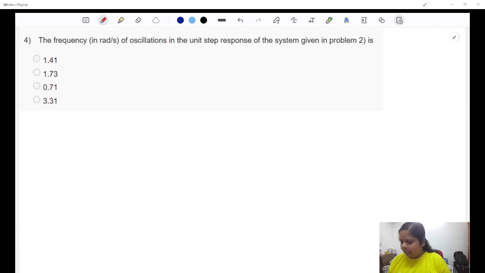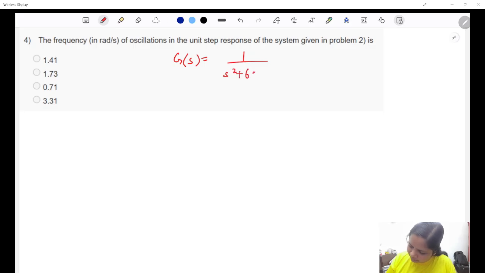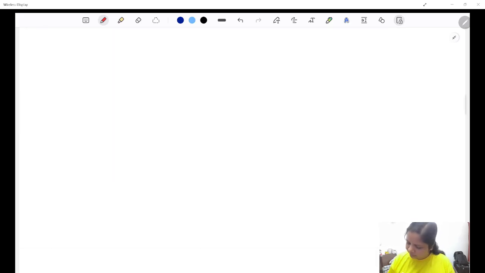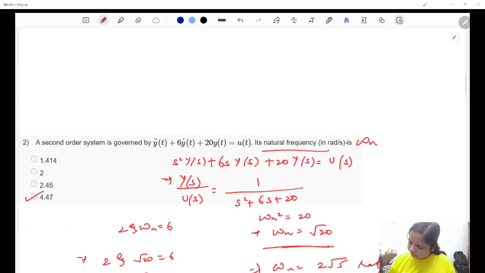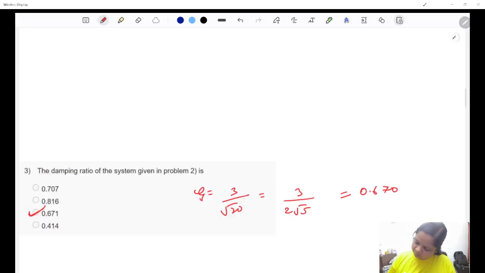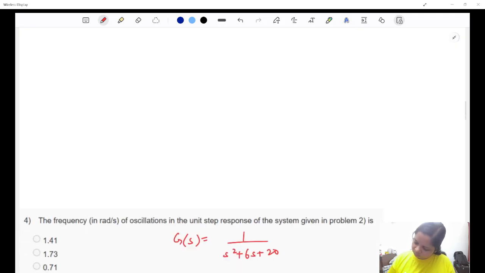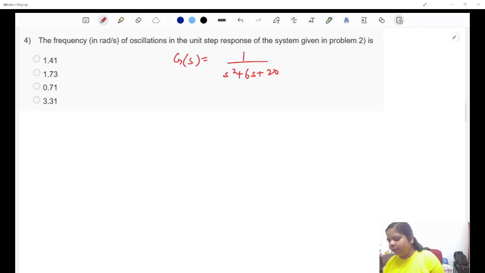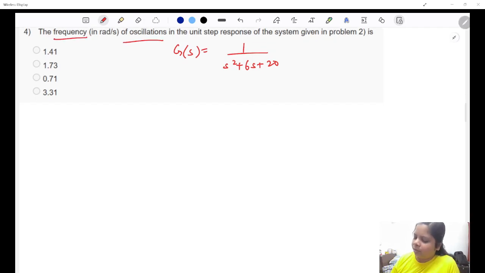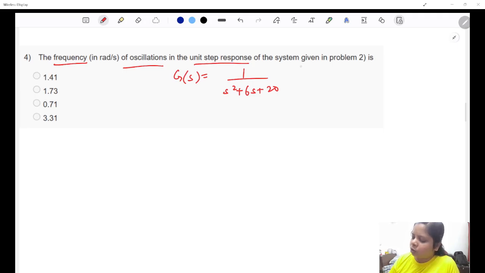The frequency. Okay, so it is asking about the same system. So there, what was your G(s)? It was s square plus 6s plus 20 as far as I remember. Yes. So we want to find out what is the frequency of oscillation in the unit step response of the system.